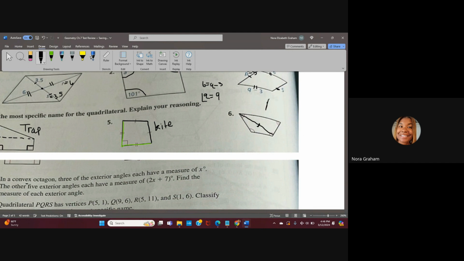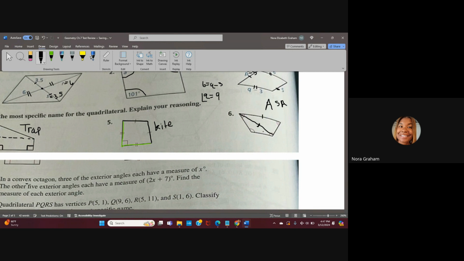Remember that postulate? If you don't remember that postulate, go back to my videos in chapter 4. Okay. So that's the angle, side, angle postulate that I can use. And since I found the postulate I can use, I can say that these two triangles are congruent. Okay, since they're congruent, they have corresponding congruent sides.